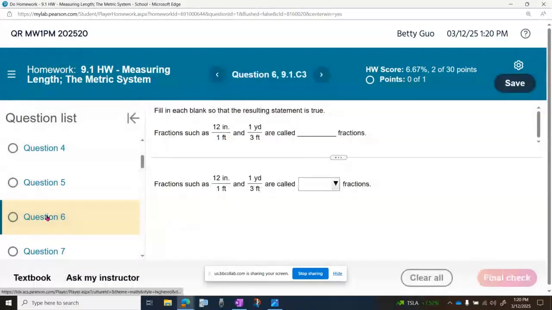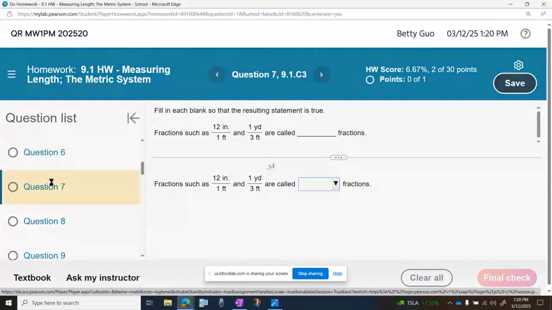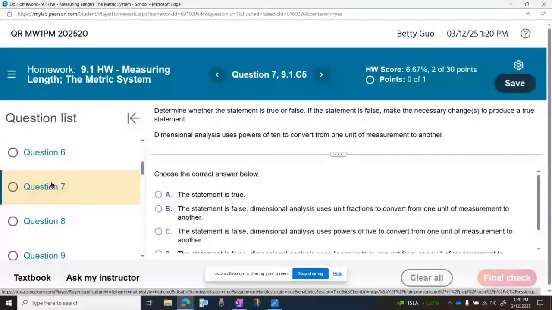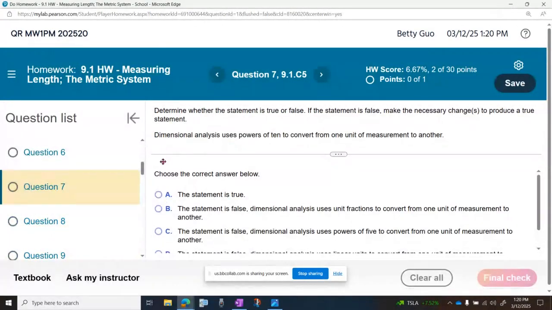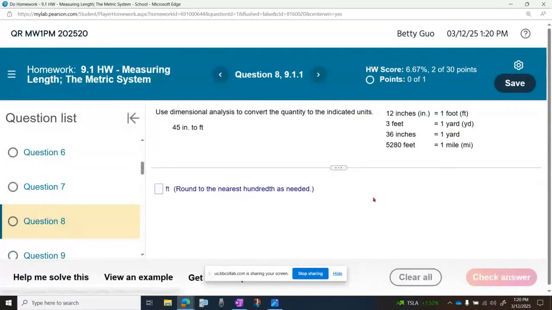Let's go to those about dimensional analysis methods that I said we are not going to cover in the class. Okay, this one. Just ignore the method.